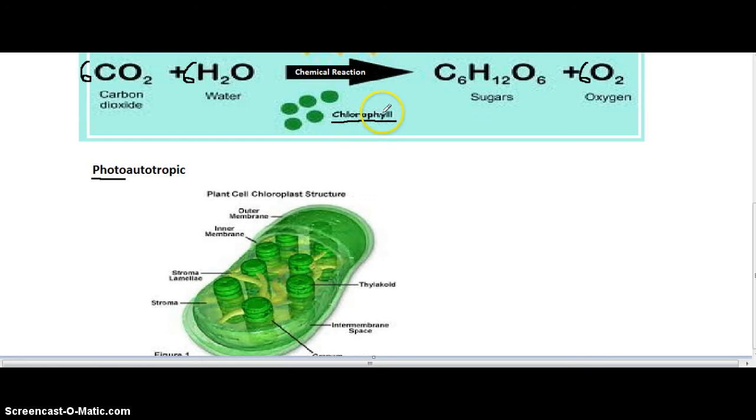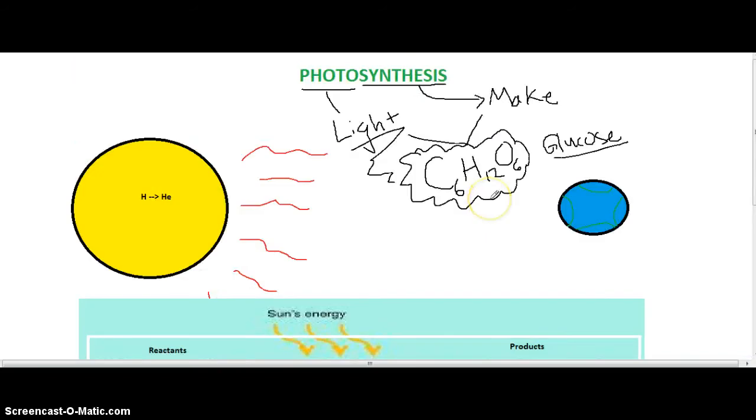Let's think about chlorophyll. Chloroplasts are filled with chlorophyll. That's the green pigment. So chlorophyll is green, and if something is green, that means it reflects green. Okay, I don't want to go into too much randomness. I think that's all you need to know.